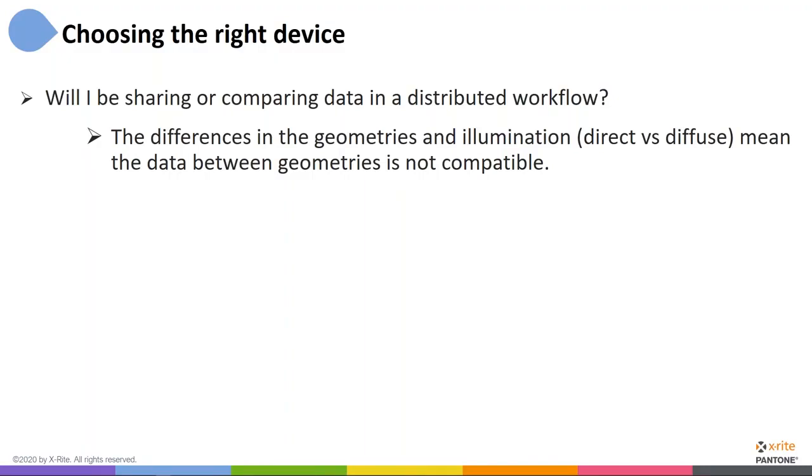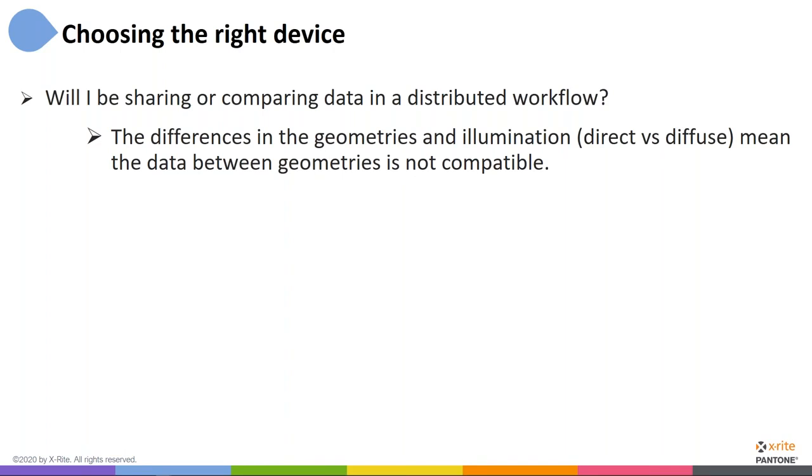A sphere instrument and a 45-0 instrument, both measuring a blue, are going to detect it's blue, but you can't compare one to the other because they will see them differently because of that illumination difference. And so we've got to be concerned about that.